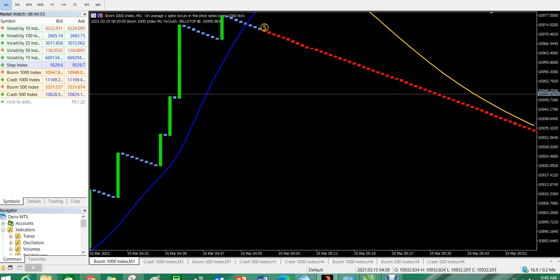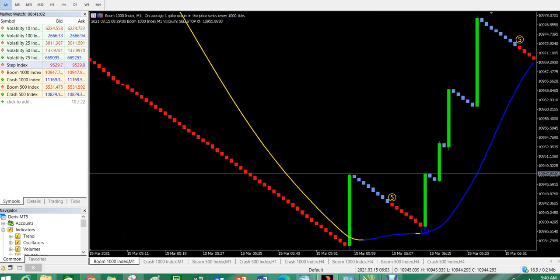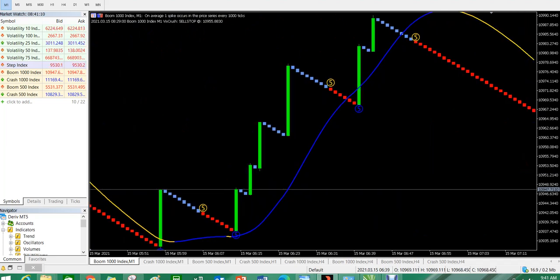You can see the blue line shows the uptrend, but when it got to this resistance level, it started coming down, and the blue line changed to a yellow line, which led to a downtrend. It got to this level, which is also a support level, and this led to another uptrend again.